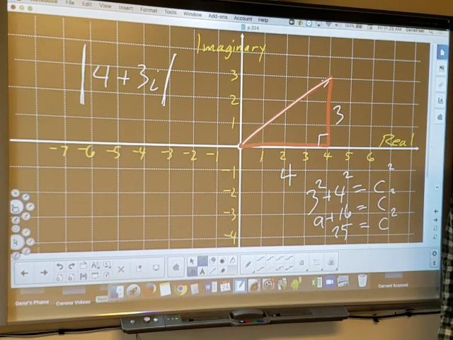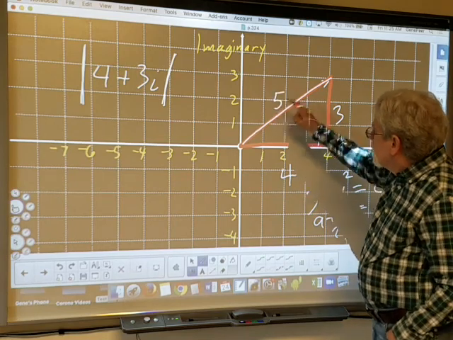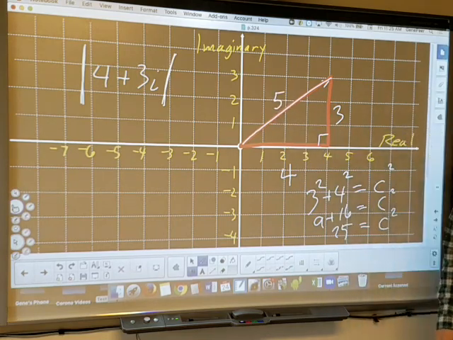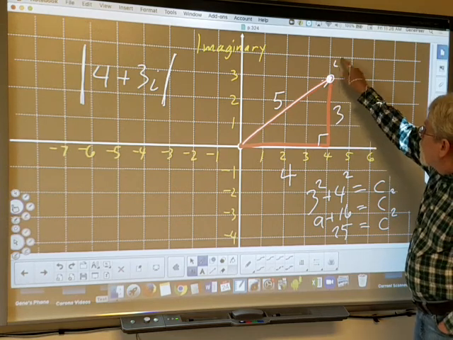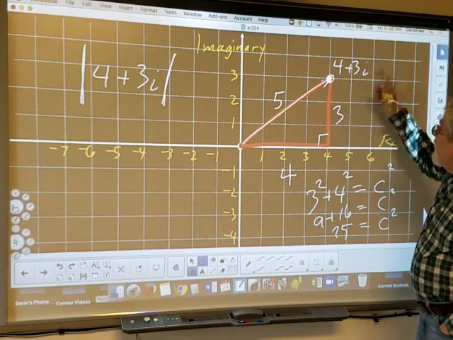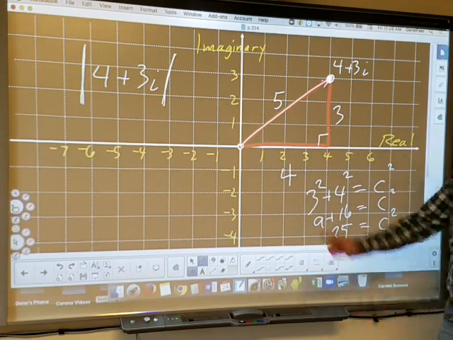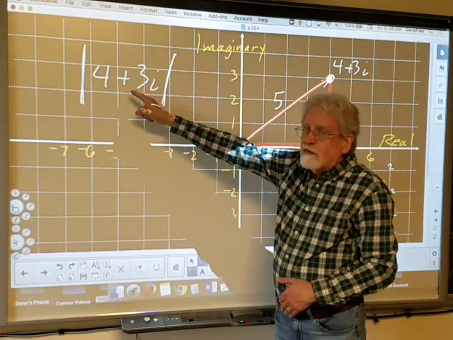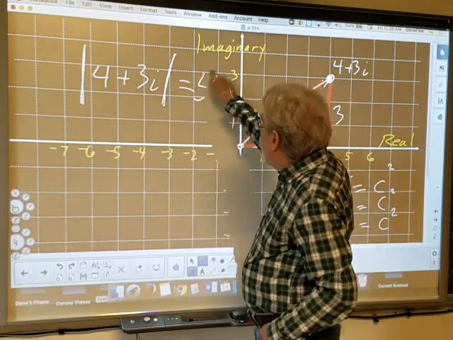Therefore, c must be the square root of 25. So c is 5. So that means, how far away is this point 4 plus 3i from 0? 5 units away. So the absolute value of 4 plus 3i is, surprise, surprise, 5.